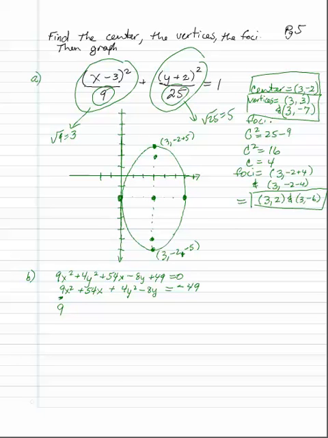So I'm going to factor out a 9 from 9x squared. Factor out the 9 from 54x. So you divide. And what you do is put a plus blank minus blank close parenthesis. Now we're going to factor out that 4 from the y squared and the y term. So we get y squared minus 2y plus blank minus blank equals negative 49.